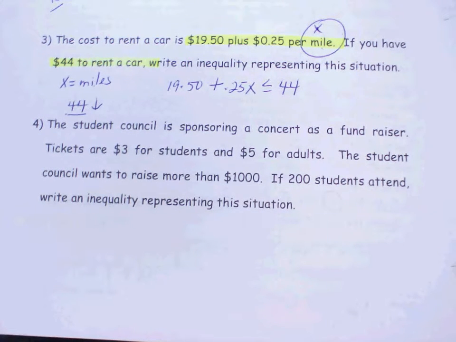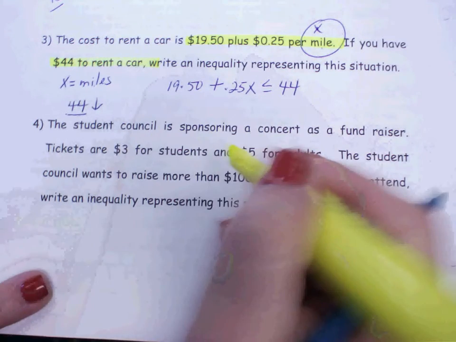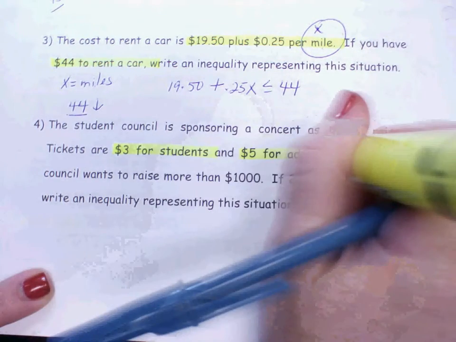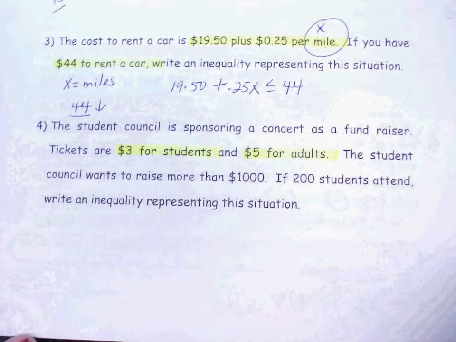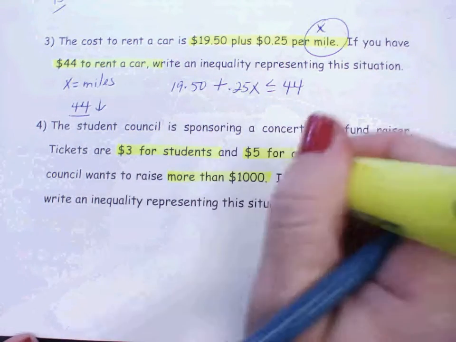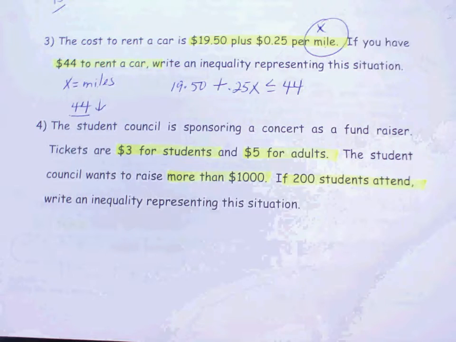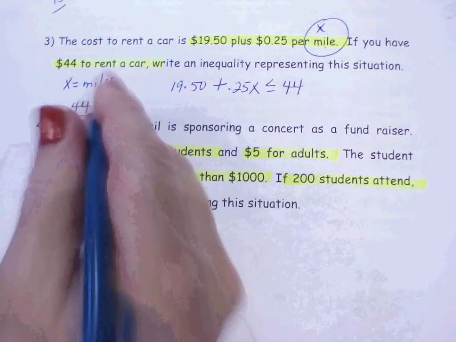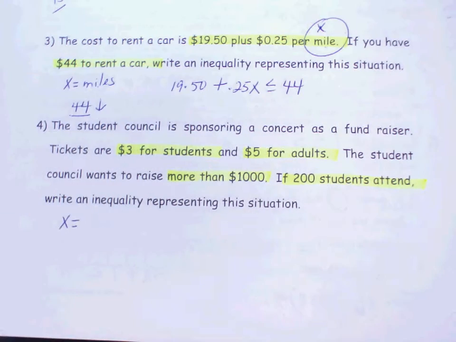All right, last one. The student council is sponsoring a concert as a fundraiser. Tickets are $3 for students, $5 for adults. The student council wants to raise more than $1,000. If 200 students attended, write an inequality.